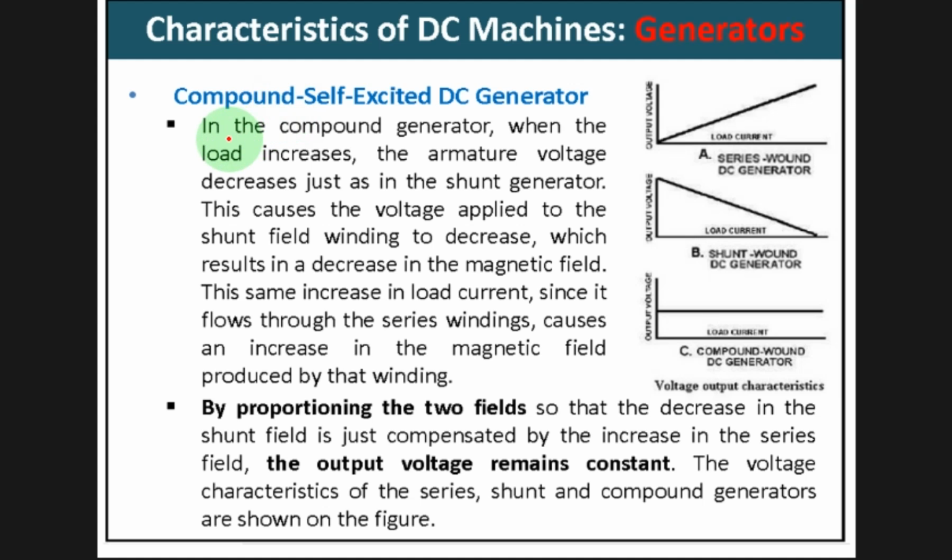When the load increases, the armature voltage decreases just as in the shunt generator.